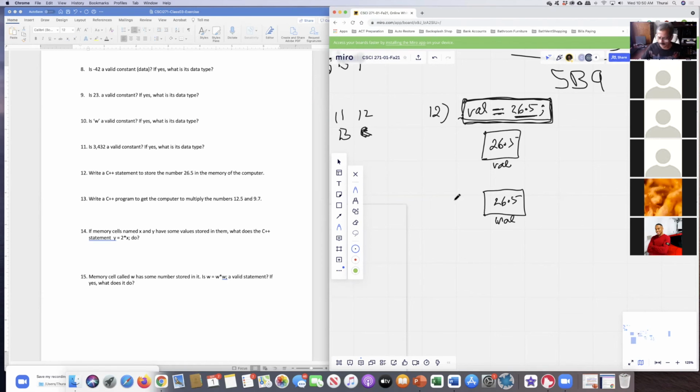So I'm going to write the program for number 13. Number 13 says, write a C++ program to get the computer to multiply two numbers, 12.5 and 9.7. Remember I explained how you would do this in your head.